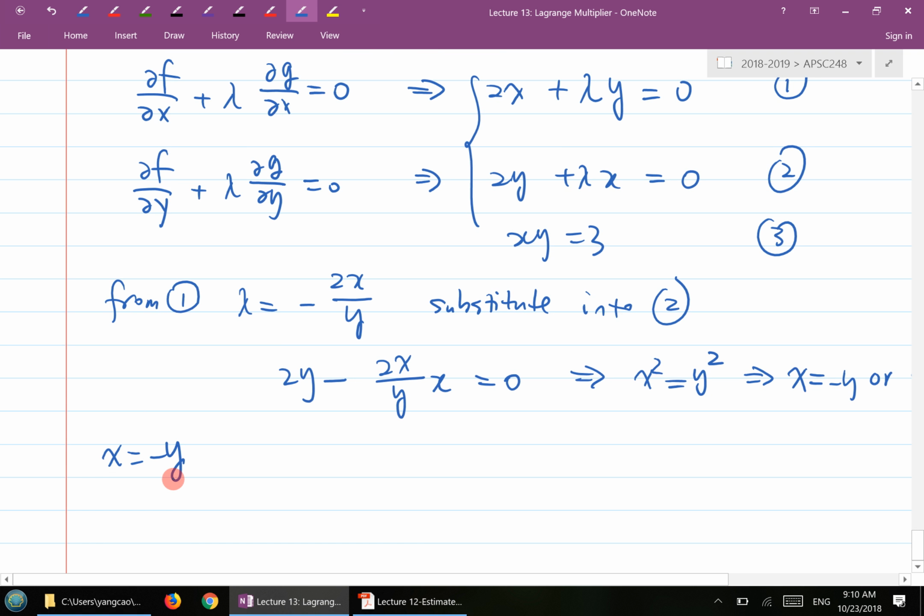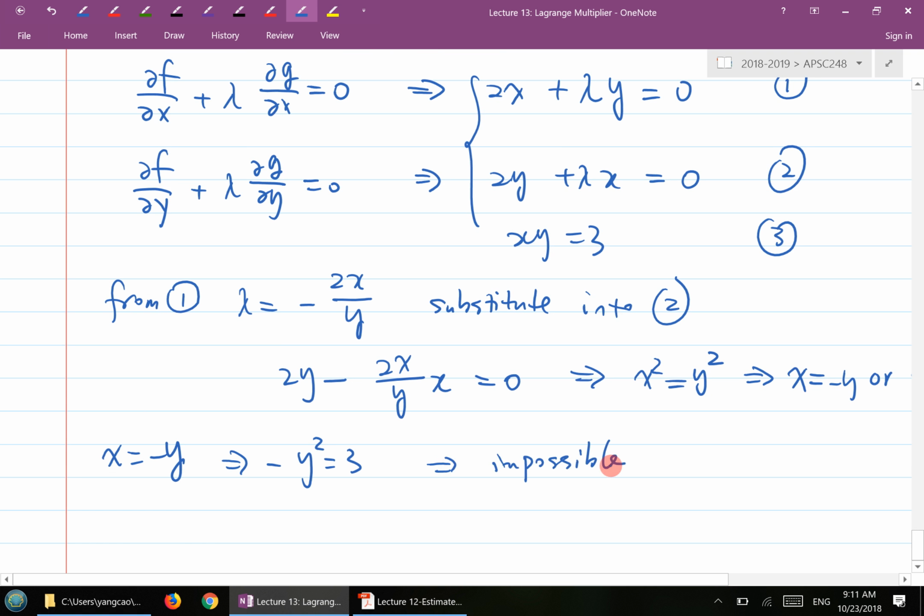So if we have x equal to negative y, we can plug it into the third equation. That gives us negative y cubed equal to 3. Okay. And is that possible? That's not possible, right? So y squared is always a positive number, so you cannot have a negative number become 3. So that's basically impossible.